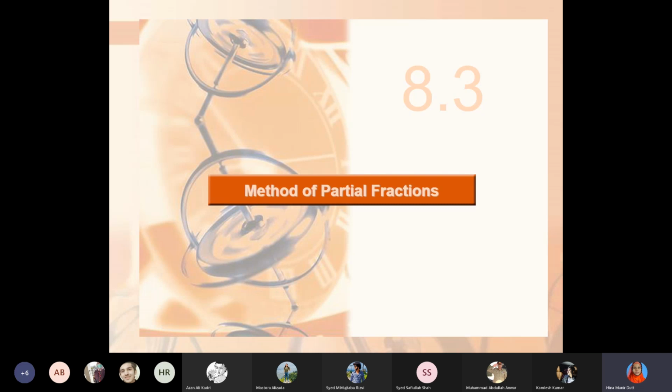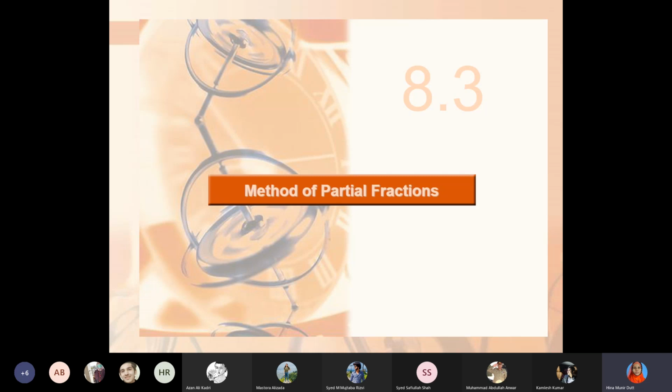The second step is to factorize your q of x, that is your polynomial in the denominator. The third step is to write the decomposition of the partial fractions. The fourth step is to determine those unknowns in the partial fractions. The fifth step is to integrate, the last step. Integration is very easy. We have discussed 4 cases. We have done case 1 and case 2.